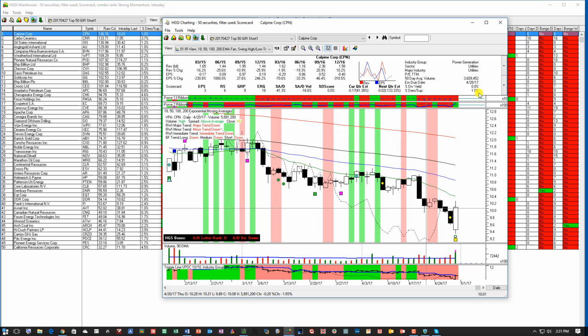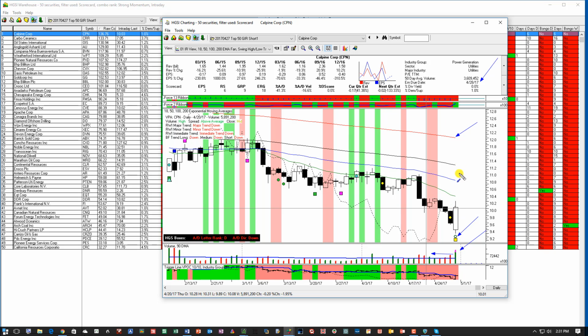Now, why did this bounce so much today? Well, you can see why it bounced, because earnings were reported today, probably before the market opened, so it's getting a bounce today. We have a stopping volume, VPA flag here. Volume is heavy, much heavier than the prior days, as you can see, but it's off of its high.